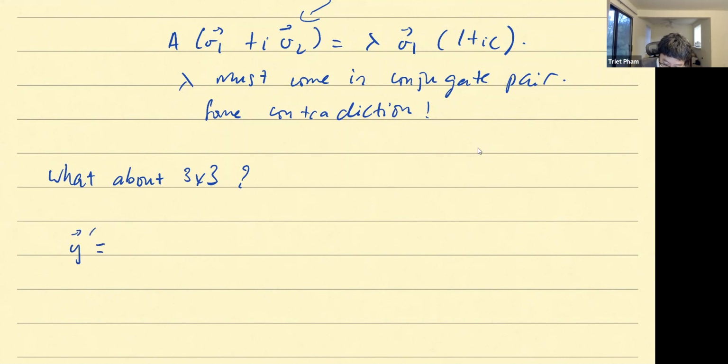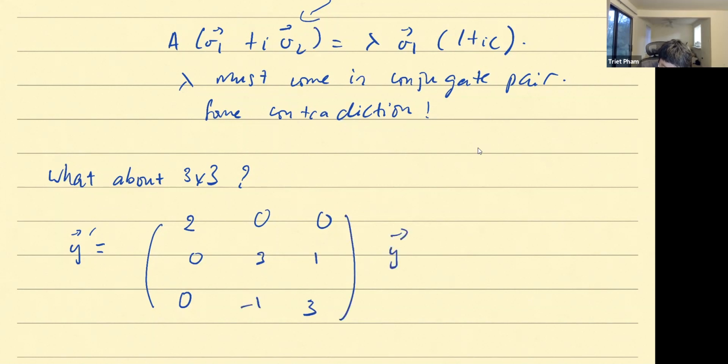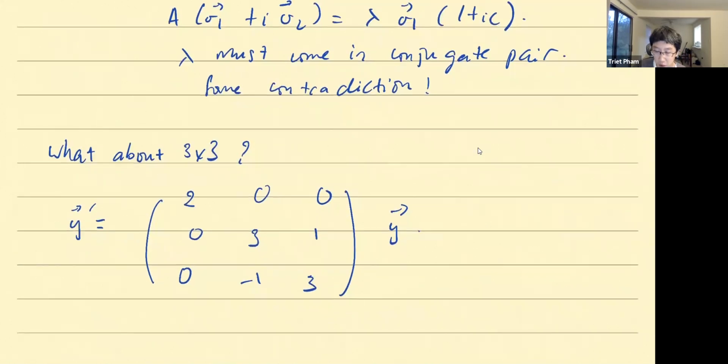Let's say y prime is the matrix with rows 2 0 0, 0 3 1, 0 minus 1 3, times y. I'm making up a matrix that makes it very easy for me to calculate, the structure I want.